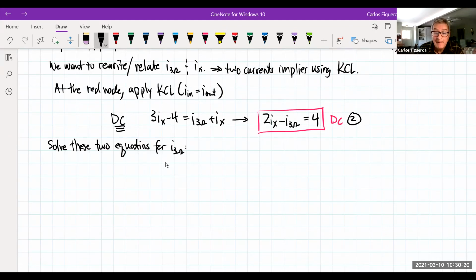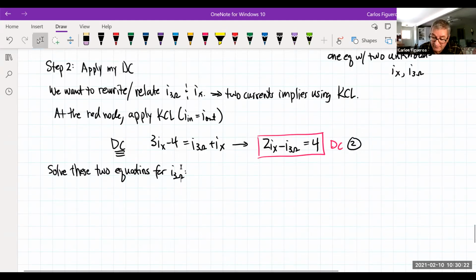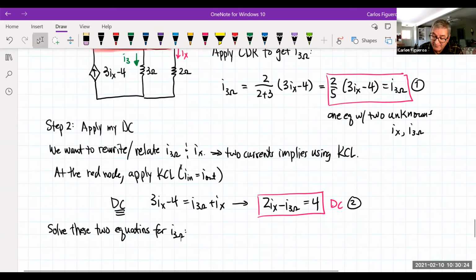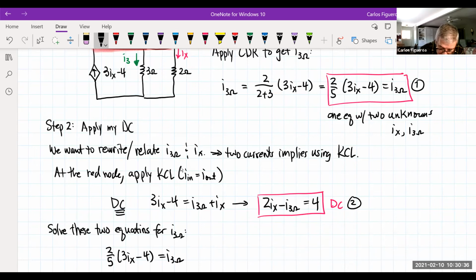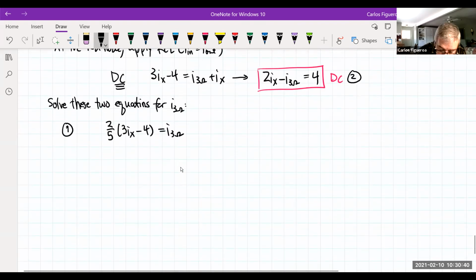So the first equation reads 2 over 2 plus 3 times 3Ix minus 4 equals I3 ohm. This is 1. And then 2 is going to be 2Ix minus I3 ohm equals 4. So I got to clean this up a little bit. The way I'm going to clean this up is I'm going to do the following thing here.